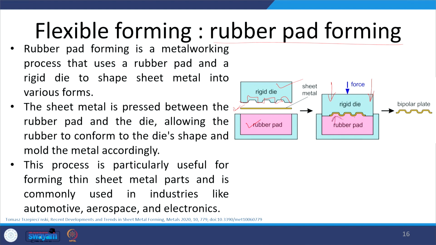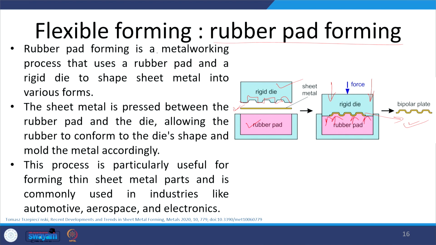So, the rubber pad will be applying uniform pressure on the sheet metal, and the pressure coming from the die side will deform the sheet metal according to the shape of the die which is to be produced, and at the end we get the product which is to be made. So, rubber will be applying uniform pressure on the sheet metal which is being deformed, and therefore, formability is enhanced when rubber pad forming is used.